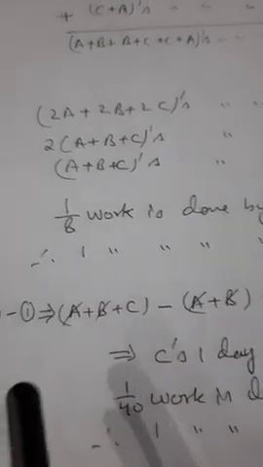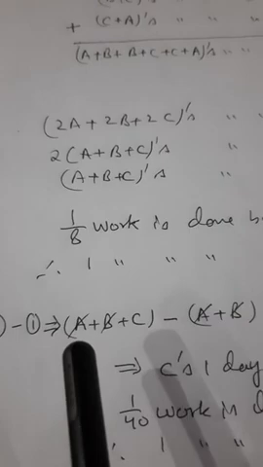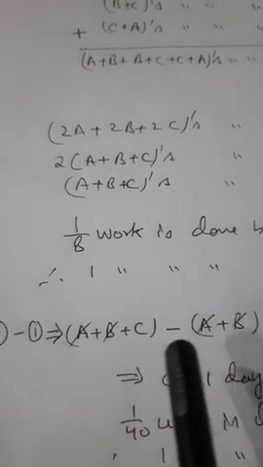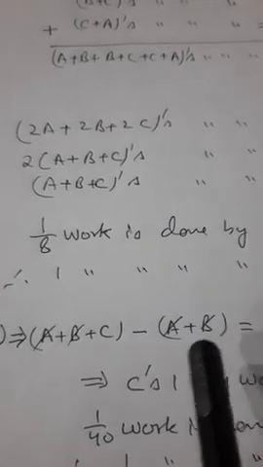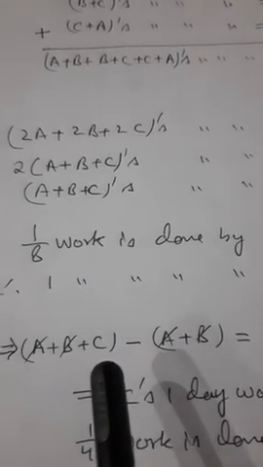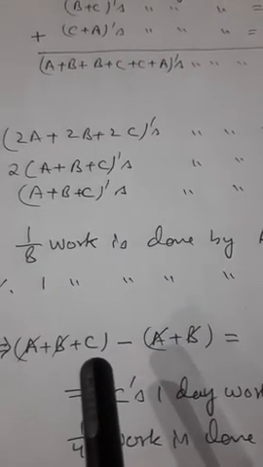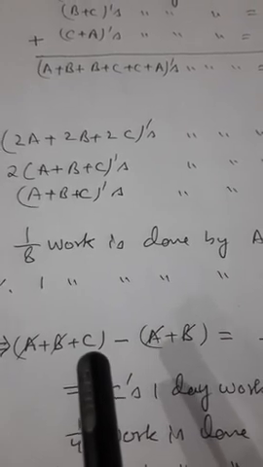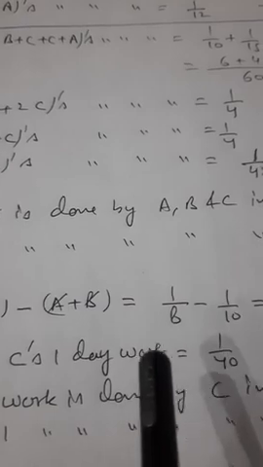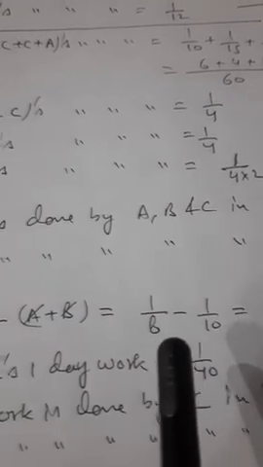Now look at the left side. A minus A becomes 0, so A and A cancel out. B minus B also becomes 0. So on the left only C is left out. The C is 1 day work because we are subtracting 1 day work.